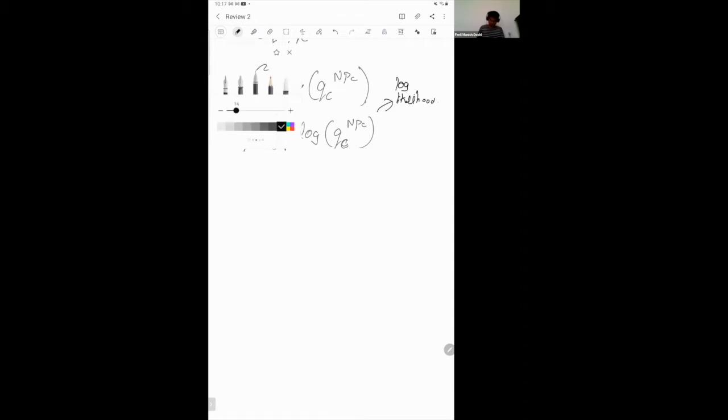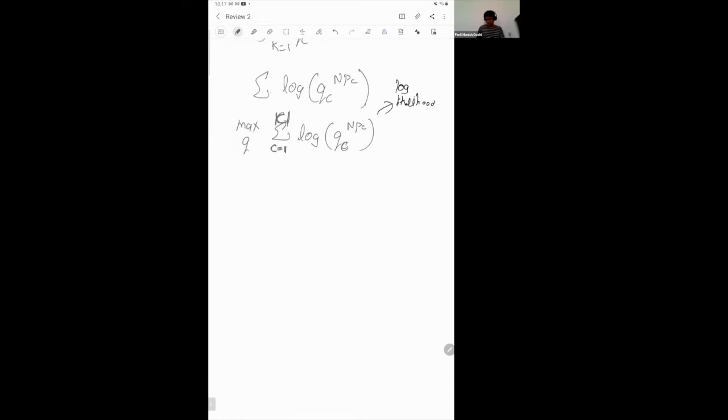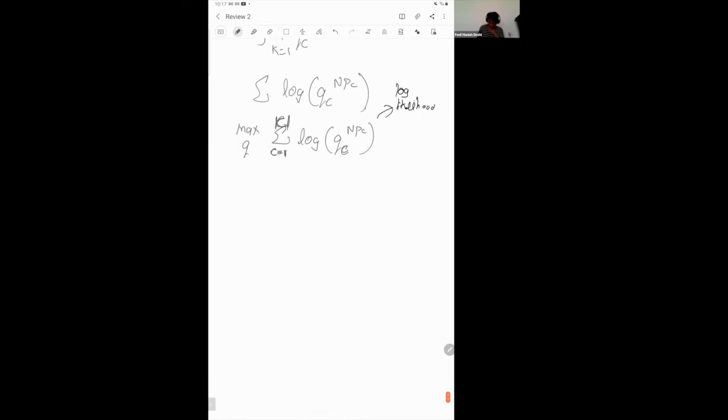Then this becomes maximizing over Q, with c equal to 1 up to the total number of classes, n times PC log QC. You are maximizing over Q, so we can just discard n. So it is PC log QC.